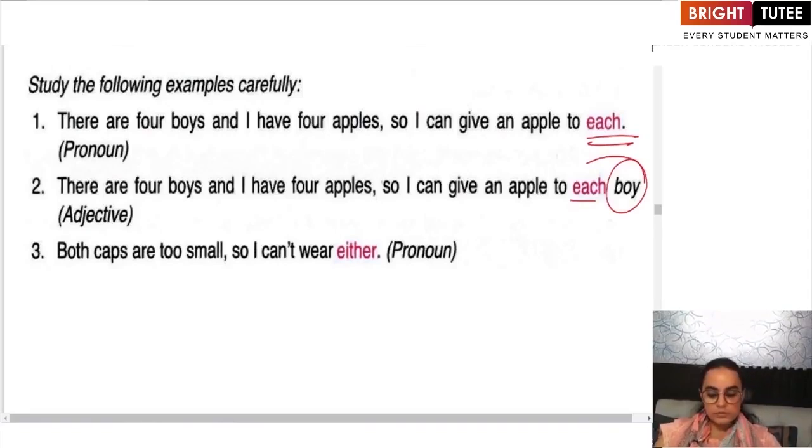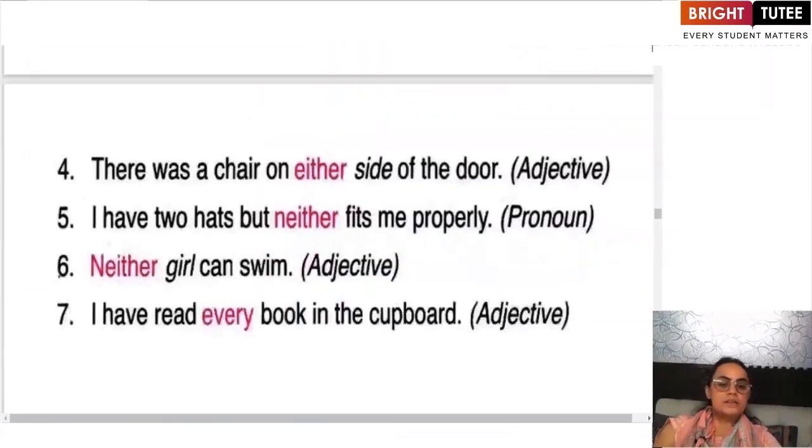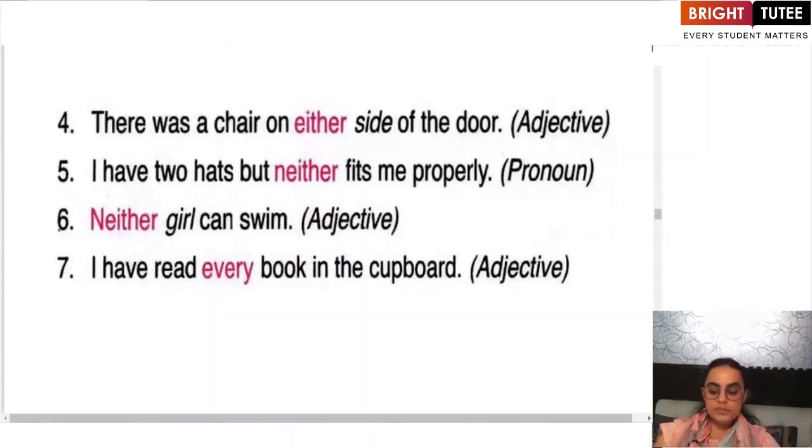Both caps are too small, so I can't wear either. Either is used without a noun, so it is a pronoun. If we look at the other example, there was a chair on either side of the road. Either is used before the side of the road, which is a noun, so it is an adjective. I have 2 hats, but neither fits me properly.